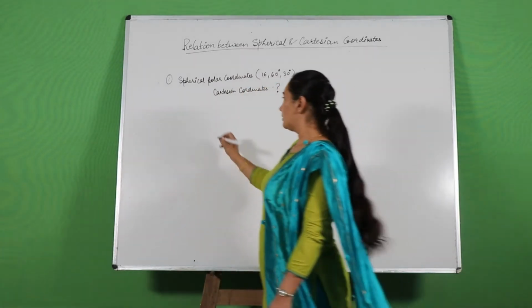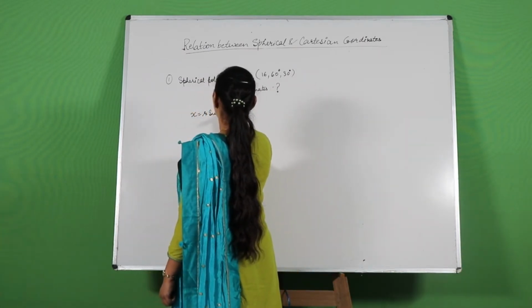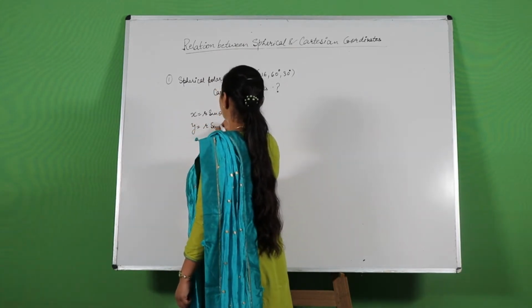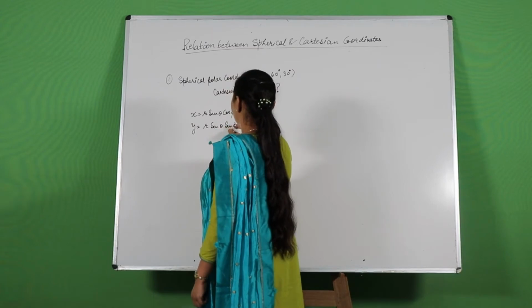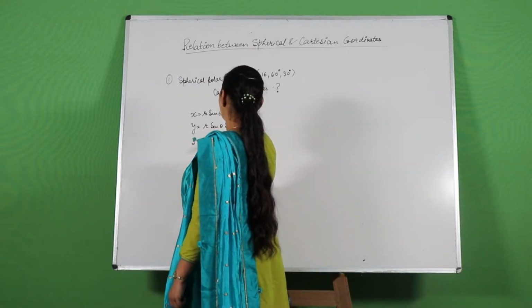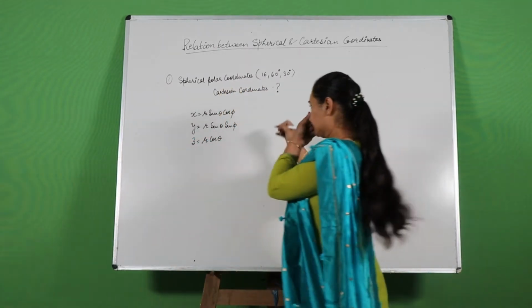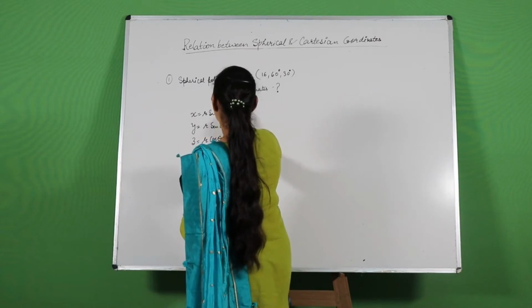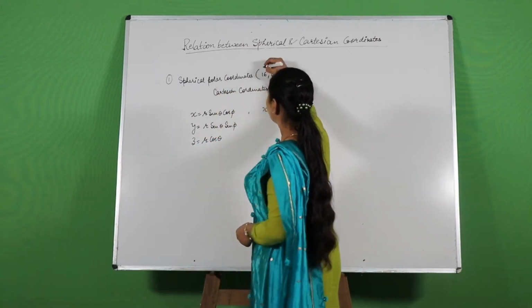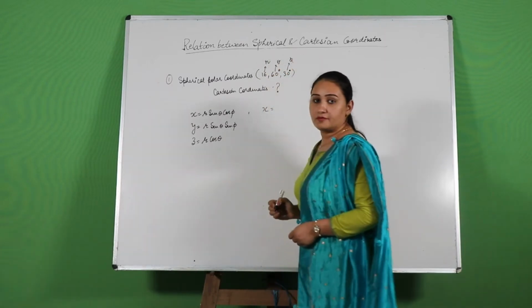So since I know x is equal to r sin theta cos phi, y is equal to r sin theta sin phi and z is equal to r cos theta, right? So I have x is equal to r, this is my r, this is my theta and this is my phi.